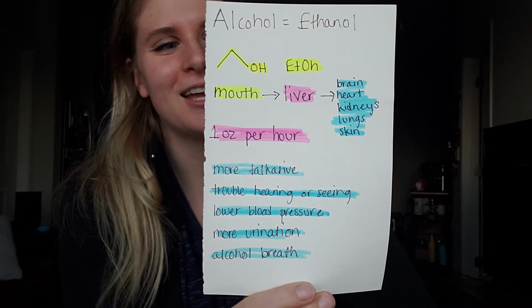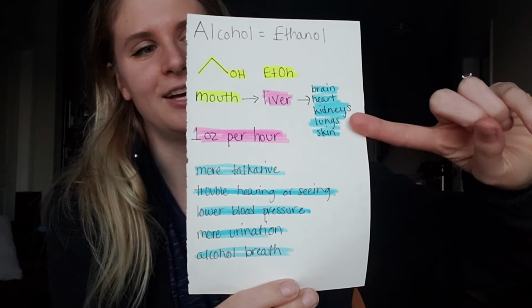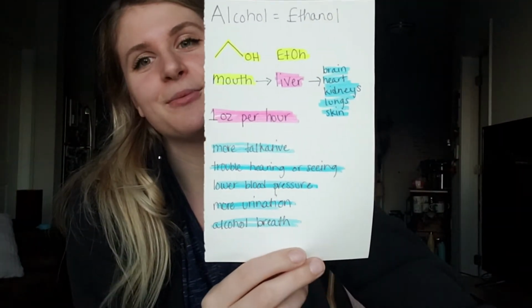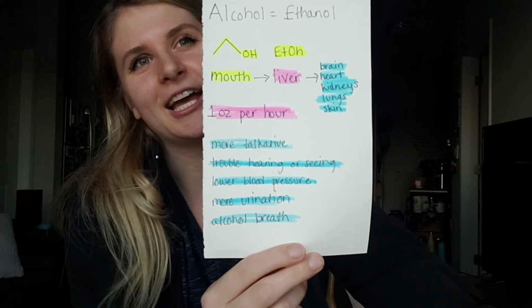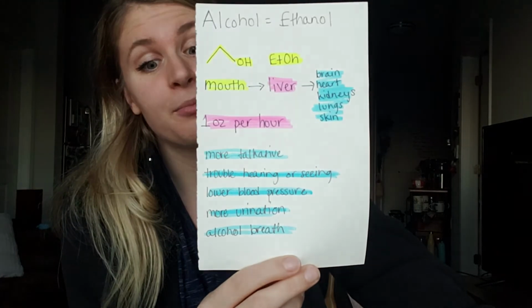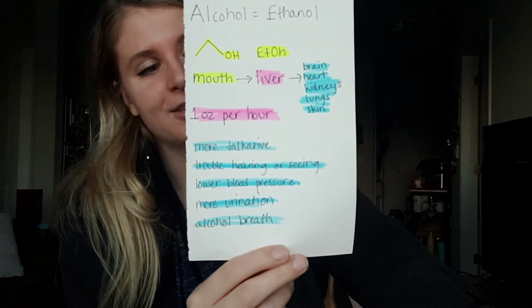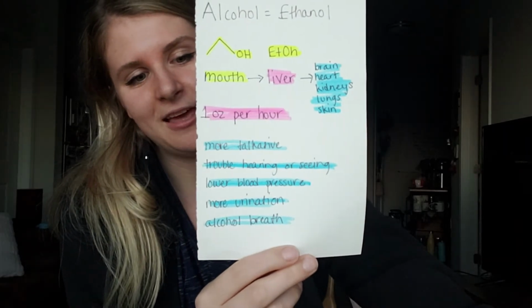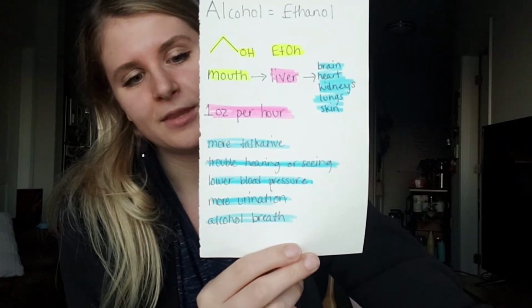And if you can see here, the lungs. When you take a breathalyzer or somebody gets pulled over and they have alcohol in their system, their breath will smell like alcohol, and the breathalyzer will actually test the amount of alcohol.